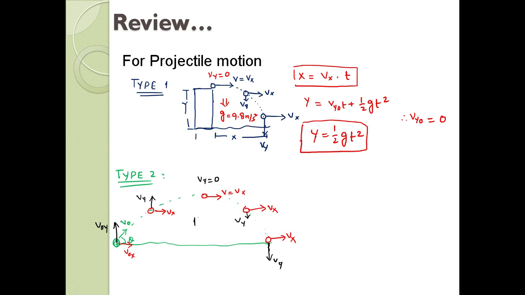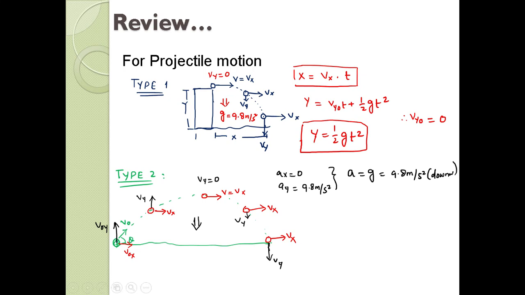But keep in mind, the horizontal acceleration ax is 0, and ay is equal to 9.8 meter per square second, downward. So whenever we mention total acceleration, we will say a is g, that is 9.8. Keep in mind, this will always be downward, not upward.